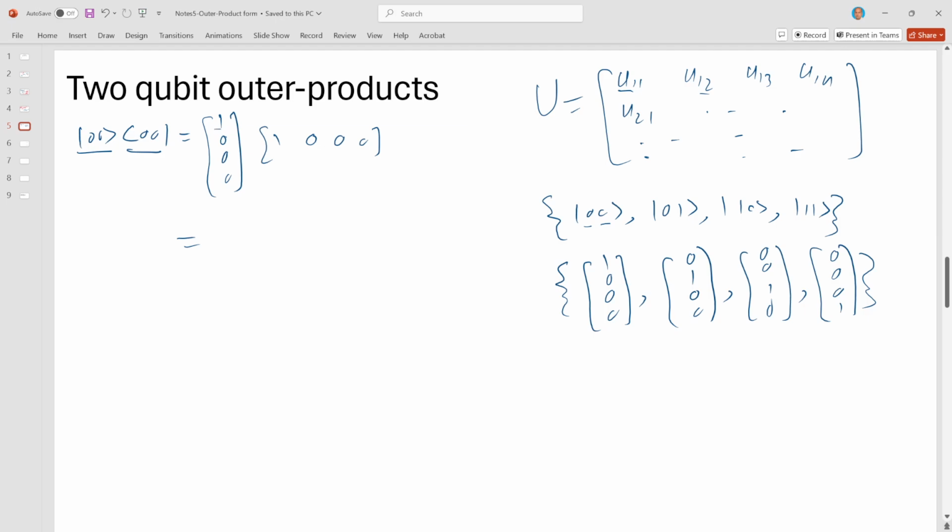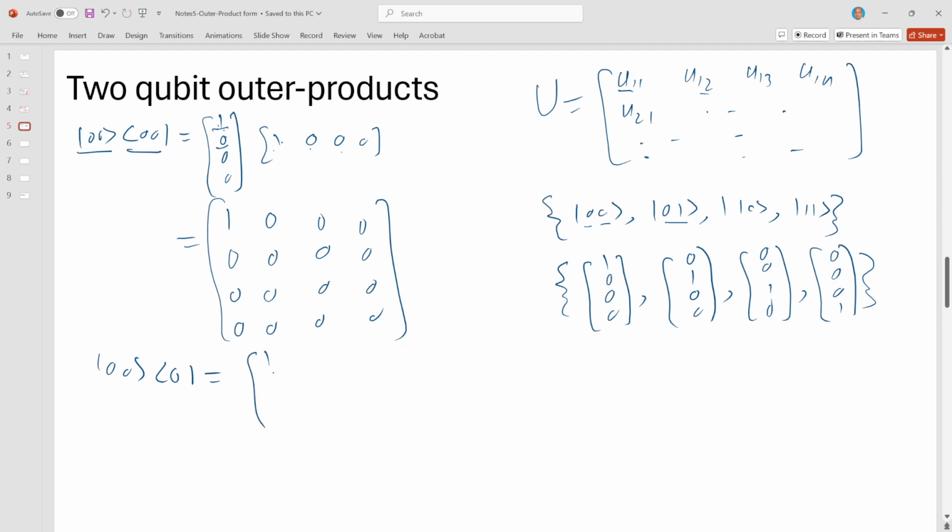So 1 into 1 is 1, 1 into 0 is 0, and all the rest are 0. Similarly, for 0 0 0 1 with this, it would be 1 0 0 0, 0 1 0 0.